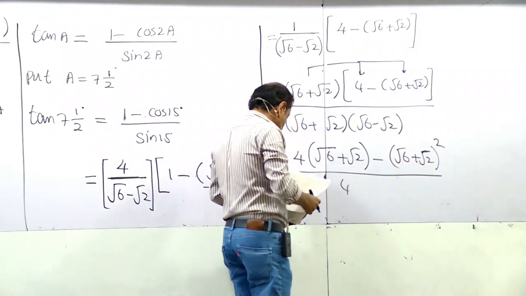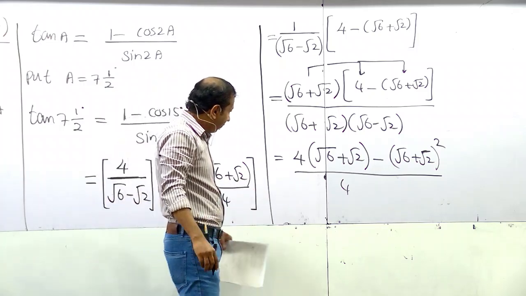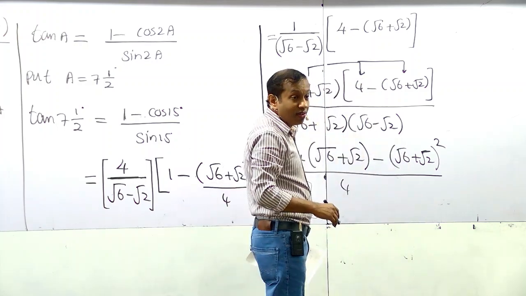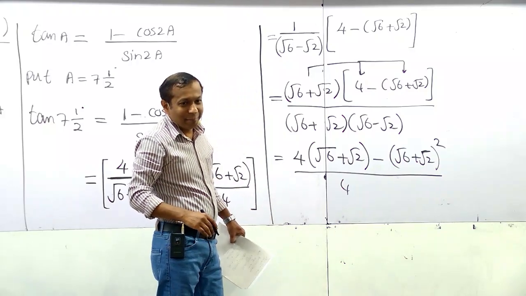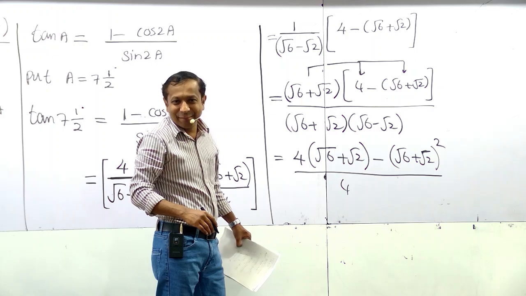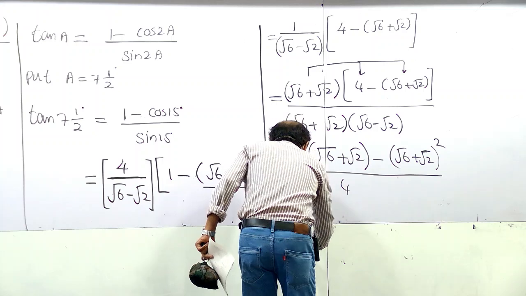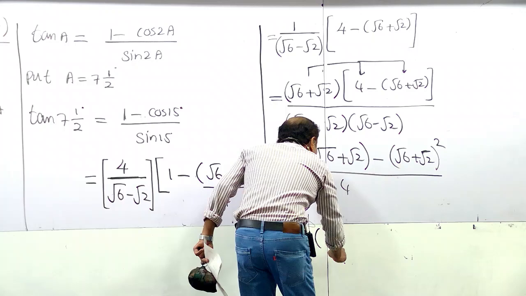All right. Now the last step: root 6 plus root 2.